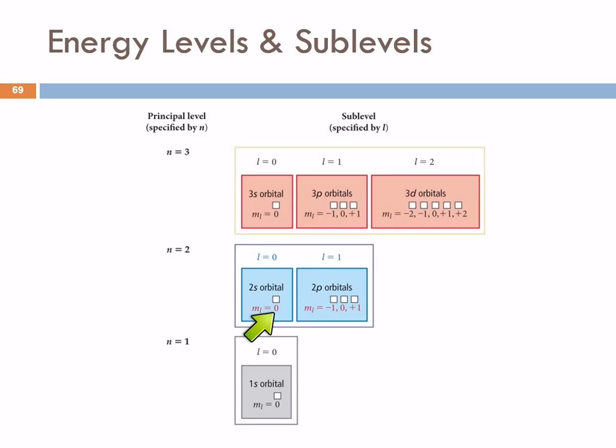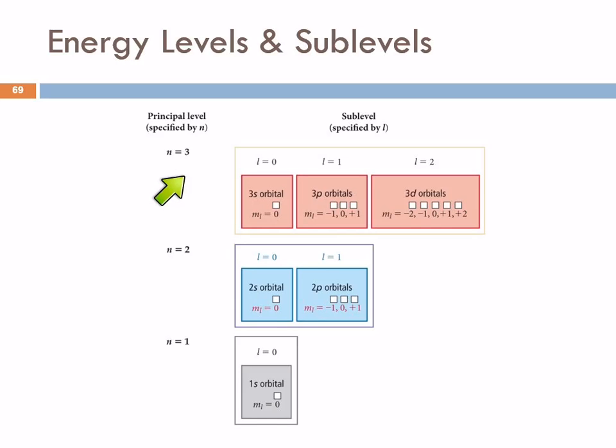And there's only one possible orientation for that, and so there's only one of these orbitals. For L equals 1, we have 3 possibilities for the magnetic quantum number: -1, 0, and +1. And so there are 3 different orbitals that are designated 2p. The difference between them is just their orientation in space.